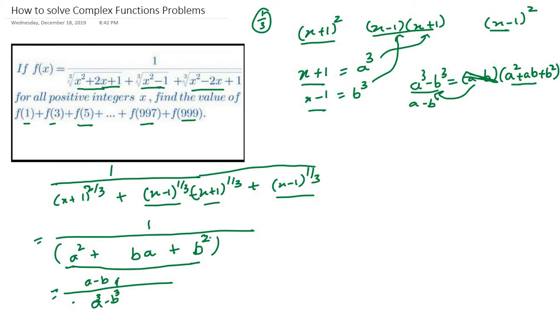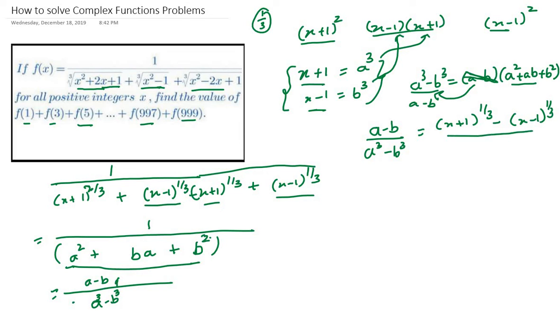Now what can we do further to simplify? If we replace a and b with the actual x values, let's see what it becomes. Now we have the expression a minus b divided by a cube minus b cube. a will be x plus 1 cube root minus x minus 1 cube root.